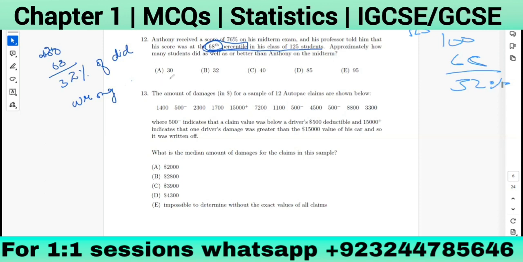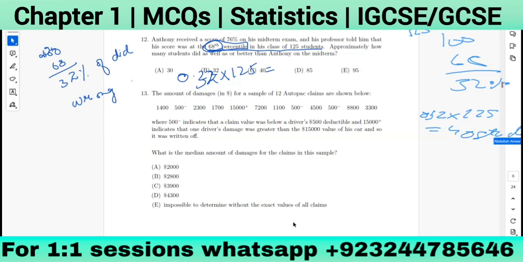So it means 0.32 multiplied by 125. Do the calculation: 0.32 multiplied by 125 is 40. Okay, so 40 is the correct answer.